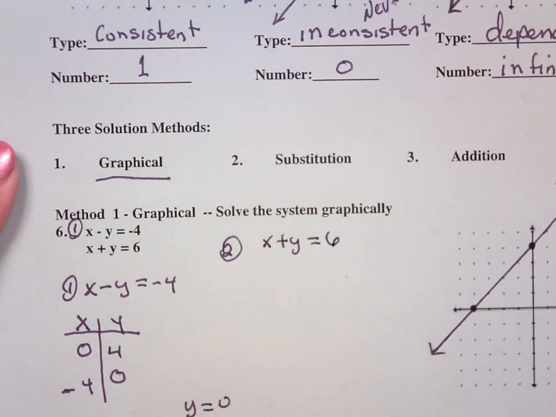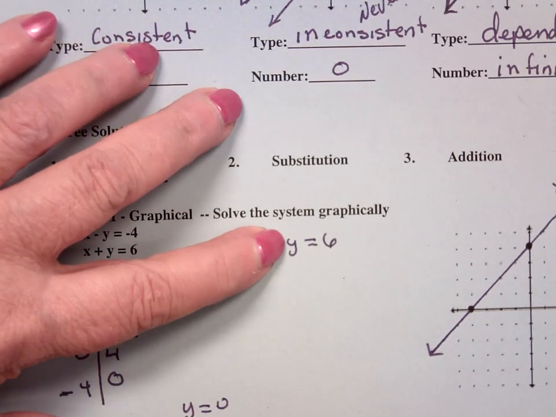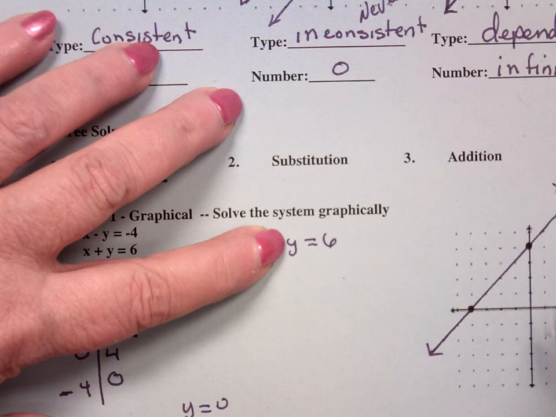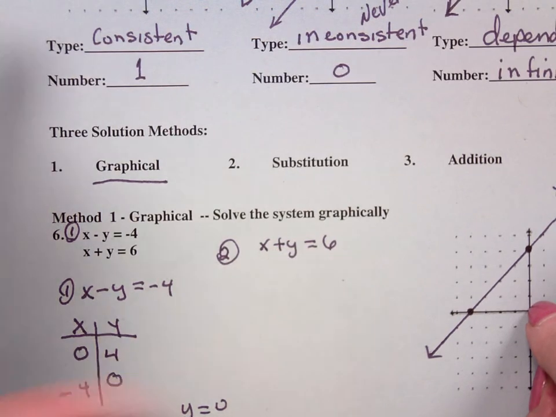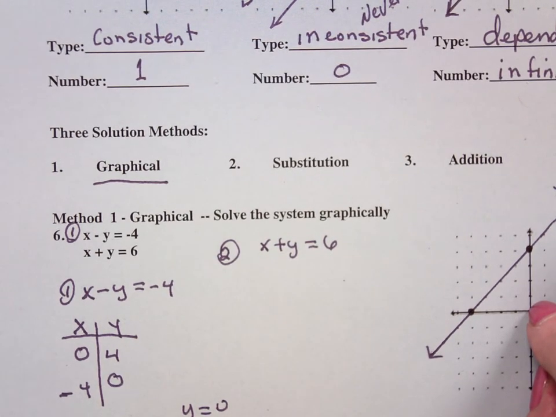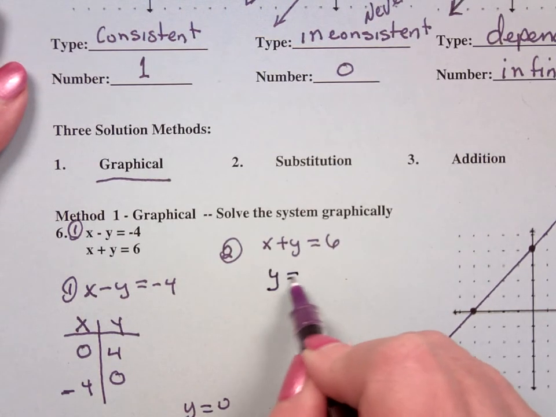Now my graph paper is not going to help me, because if x equals 0, y equals 6, I only have 5 units on my graph paper, both directions. And if y equals 0, x equals 6. So that's not going to help me at all. So what could I do? Well, I'm going to solve this for y, put it in slope-intercept form.